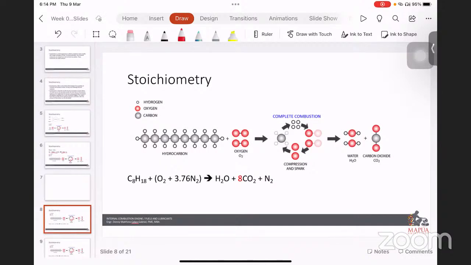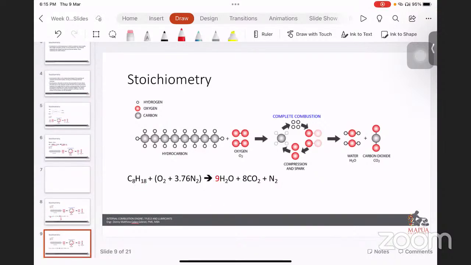Kung meron kang 18 hydrogen dito, ibig sabihin meron ka ding 18 hydrogen dito. So 9 times 2 is equal to 18. So you have 18 hydrogen here and you have 18 hydrogen here. So equal pa siya.